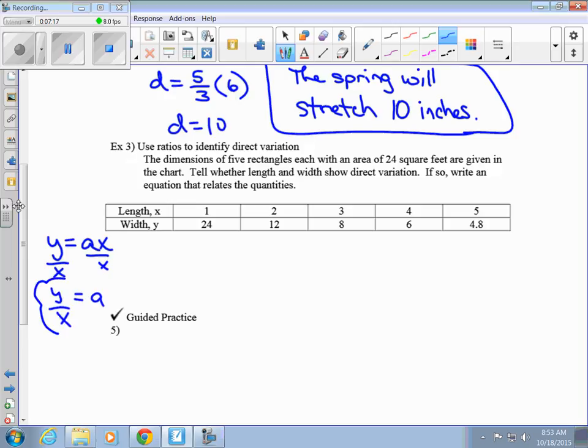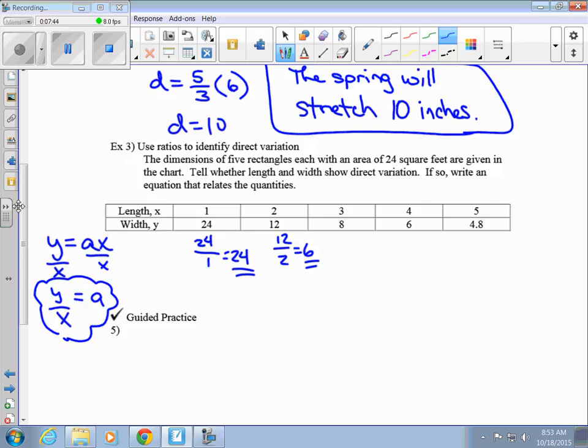So in this case, this is what we're looking at. If we take y divided by x in each of these cases, it'll be a direct variation. If not, then it's not. So here we have 24 divided by 1, which is 24. Here we have 12 divided by 2, which is 6. Right away, we get two different numbers. We don't have to go any farther.